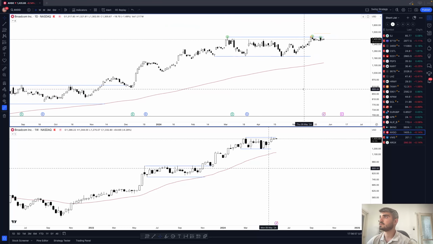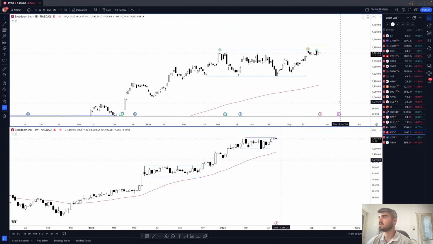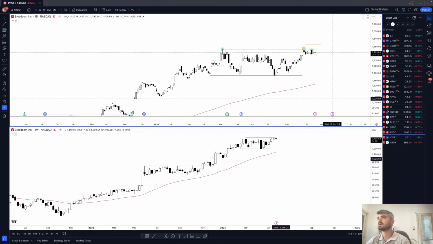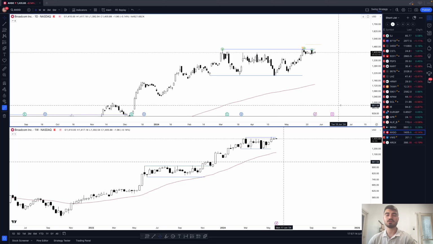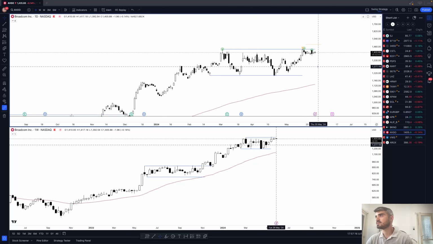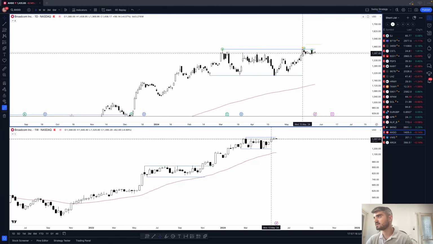So yep, moving on to the next, AVGO, which is actually a stock that I'm watching for quite some time. The price action doesn't look that strong. Okay, I wouldn't enter at this bar.